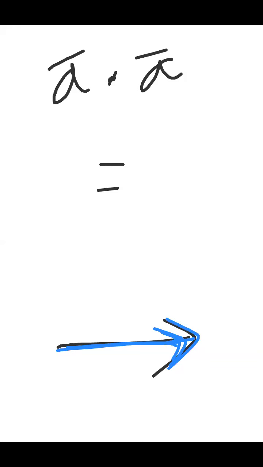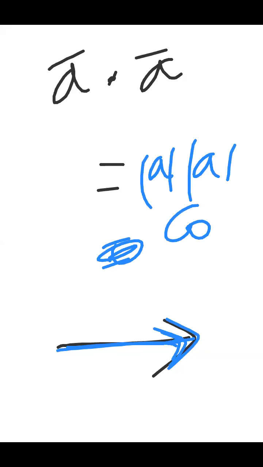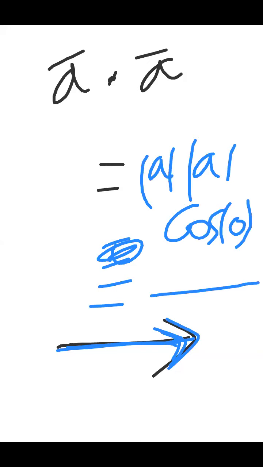Definitely there will be a complete correlation. So you will get mod A and mod A in this case, because what is cos theta here? Theta will be 0, and cos 0 is 1. So definitely you will get some magnitude. There will be complete correlation. That is the idea of the dot product.